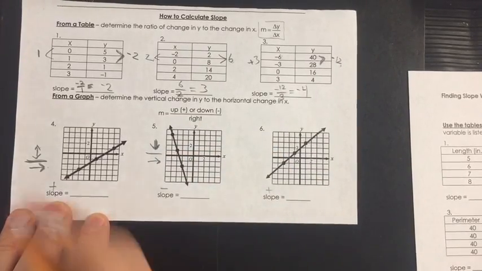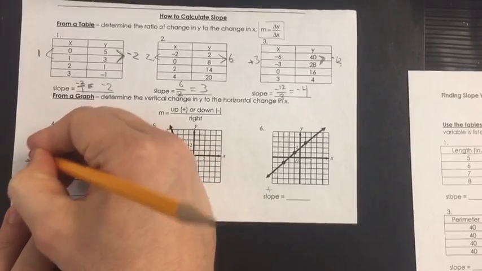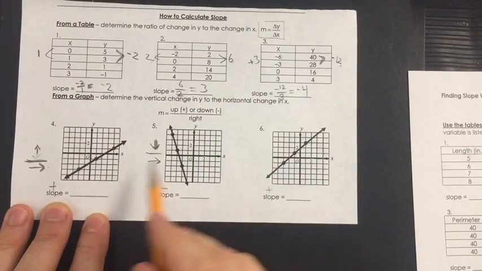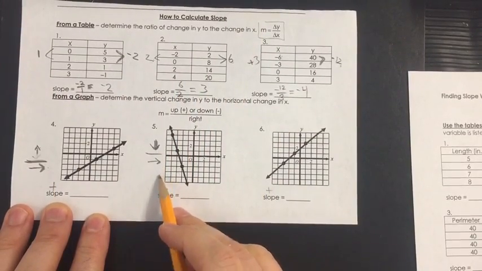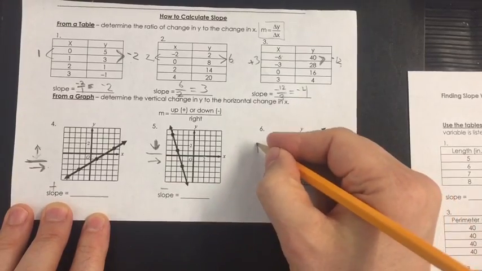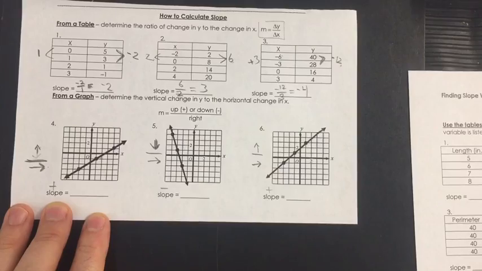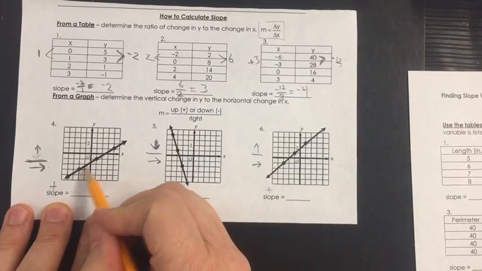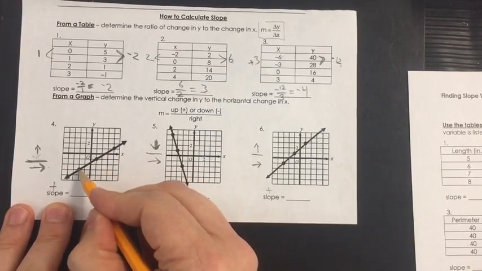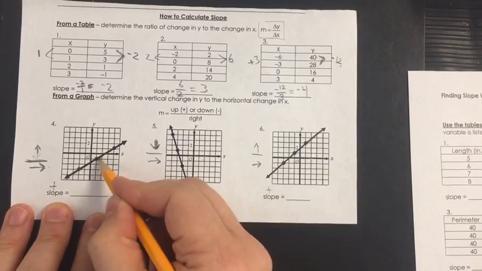Okay? So for this one, we're going to count how many up and then how many right. For this one, how many down and how many right. And for this one, again, how many up and how many right. I'll go through it and you can see. They gave us some friendly points to look at, and we're going to go from point to point.